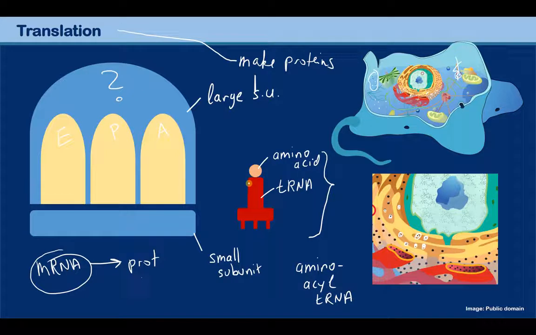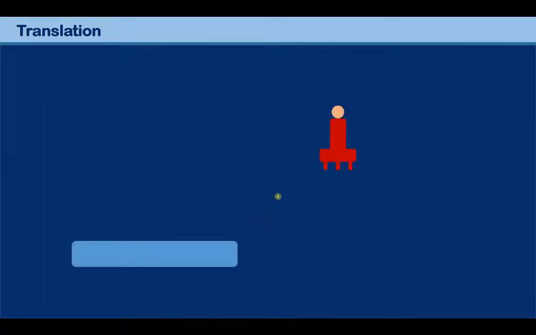Now that I have explained all of these terms, I'm going to explain how this actually works. What I have over here is the small subunit, which I'm not going to label anymore. The first stage of translation has a name, and it is called initiation. That's important.